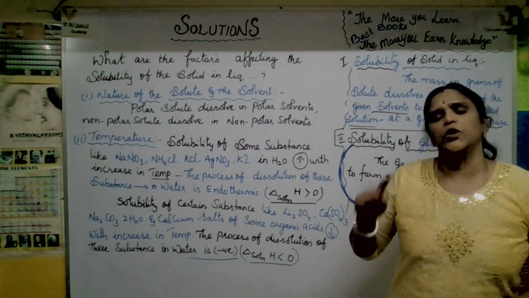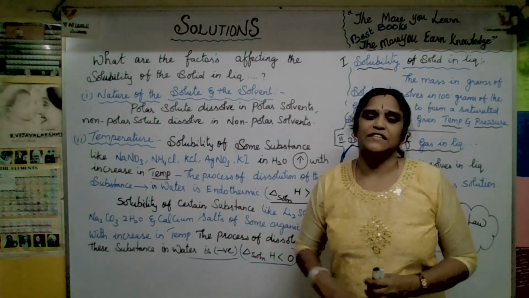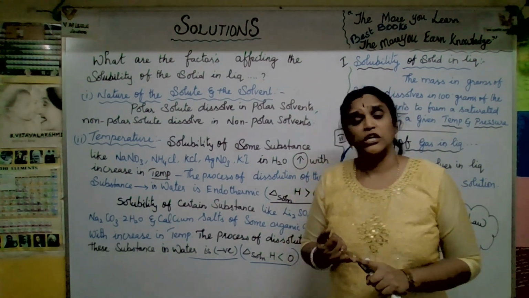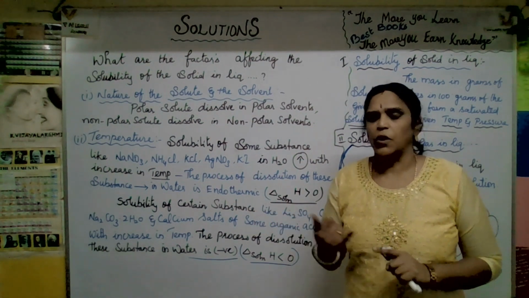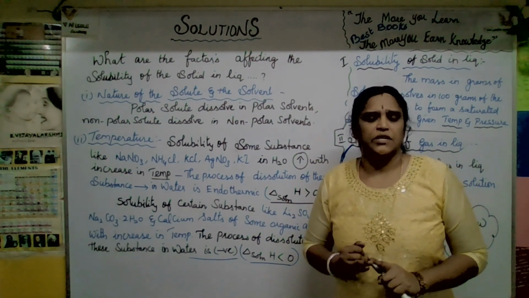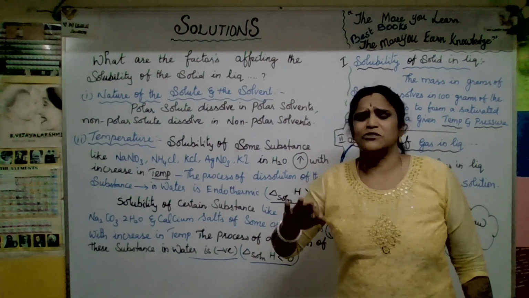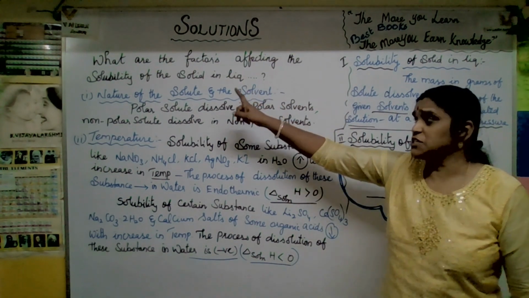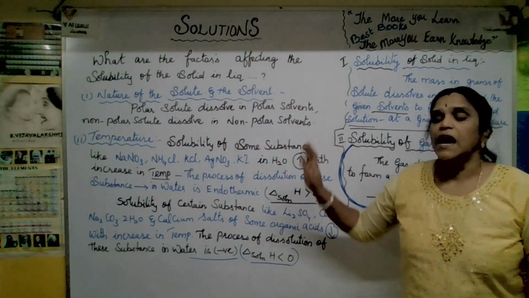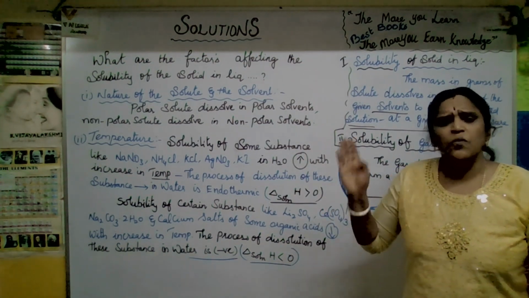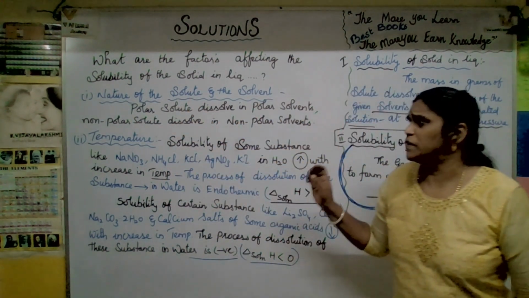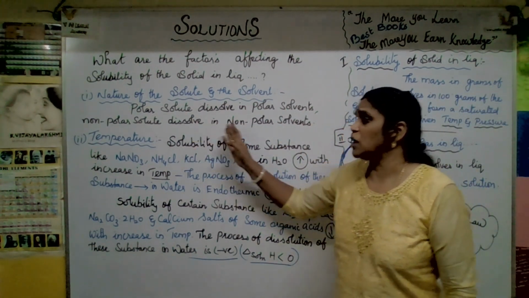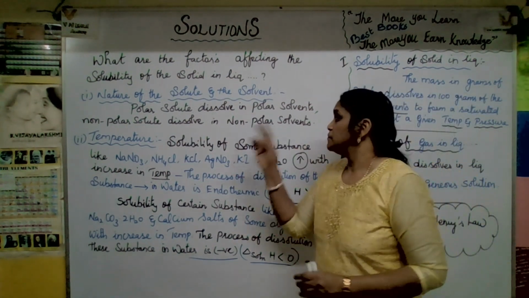From this you will come to know the factors affecting the solubility of a solid in liquid. Mainly the nature of the solvent and solute, second temperature, and third pressure. Actually pressure is negligible, but they mention pressure. What does the nature of the solvent and solute mean? Polar solutes dissolve in polar solvents, non-polar solutes dissolve in non-polar solvents.